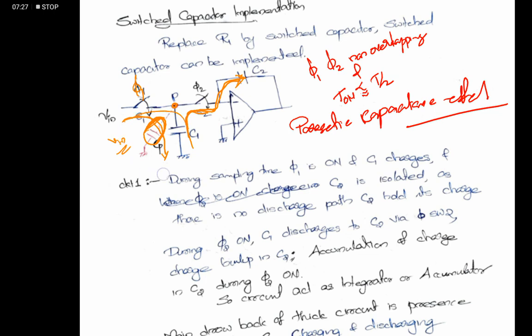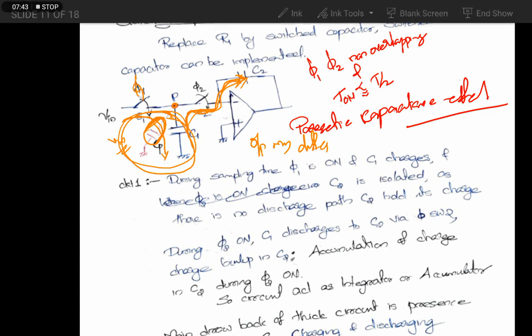These two effective capacitances, or two effective charges, will discharge to C2 and the output may differ. So to overcome this problem, we need to implement a different circuit.